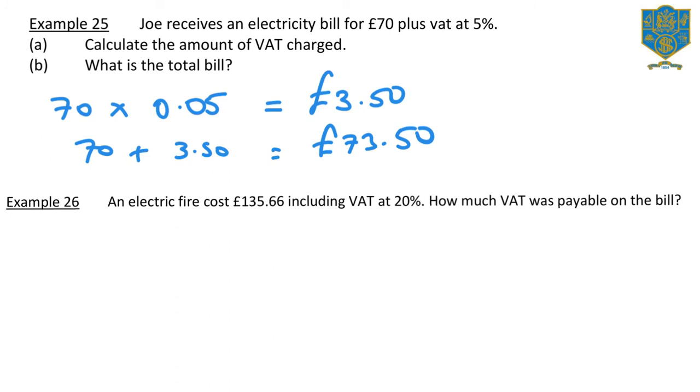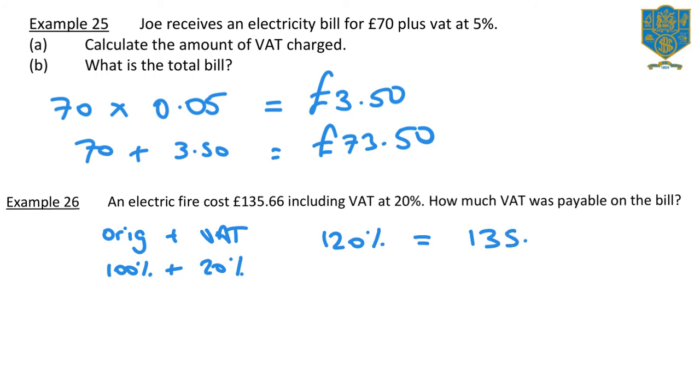Now, if it's including VAT, that means we've got the original amount plus the VAT. And the original is always 100%, and VAT was 20%. So that means that our 120% is equivalent to £135.66. So we need to work out what 1% is, and to do that, we'll divide by 120.